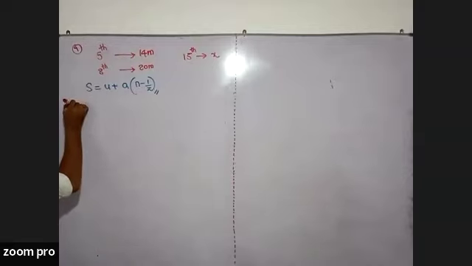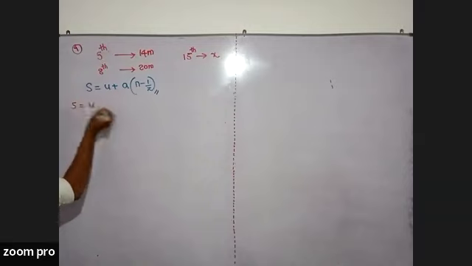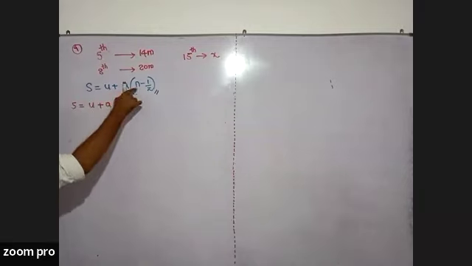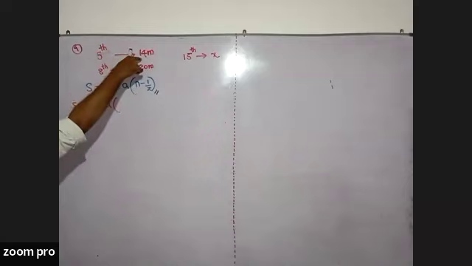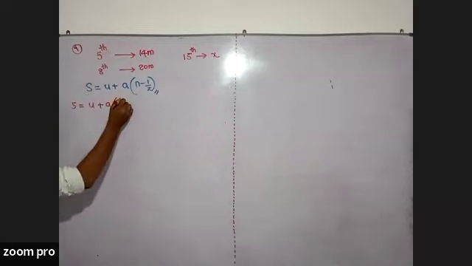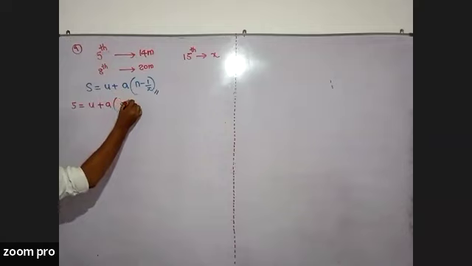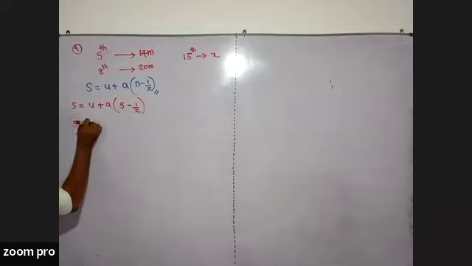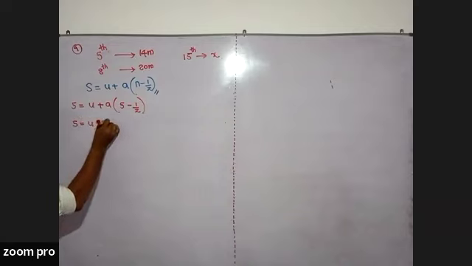That is, x should be 5. We don't have any idea about u and a, but n means this 14 meters is traveled in 5 seconds. So it should be substituted as 5 minus 1/2. Then u plus a.